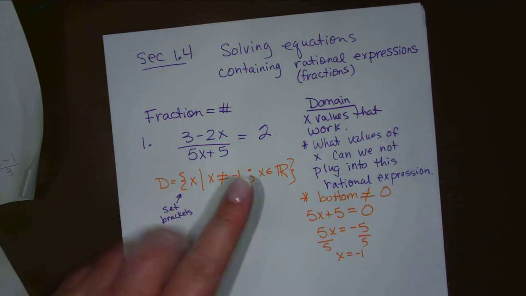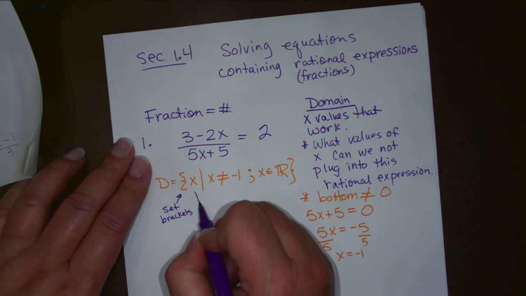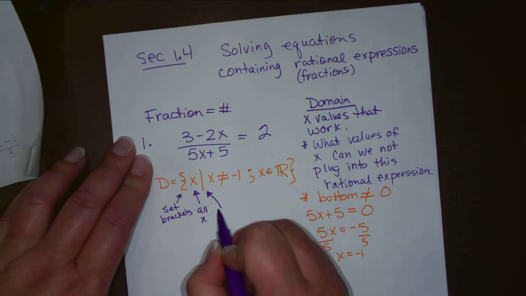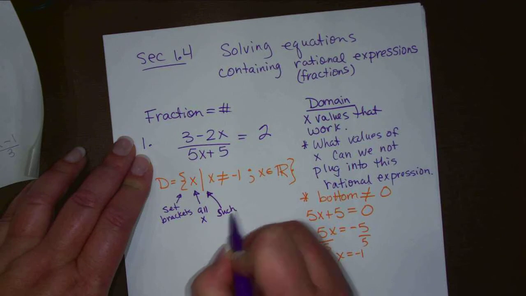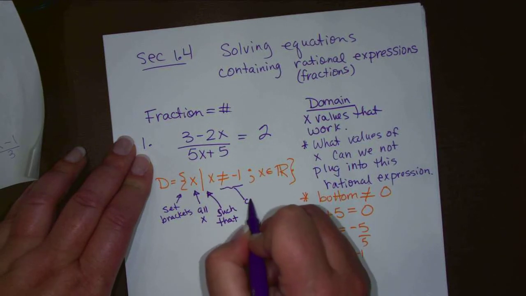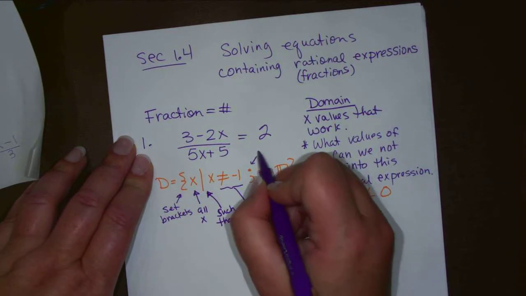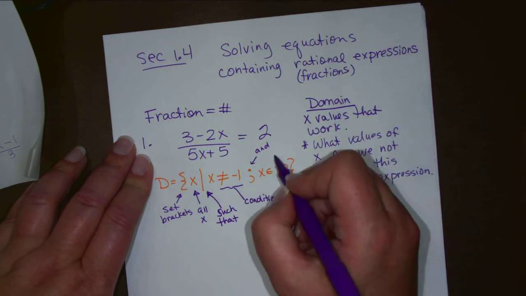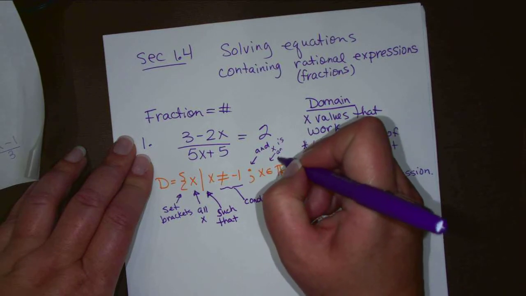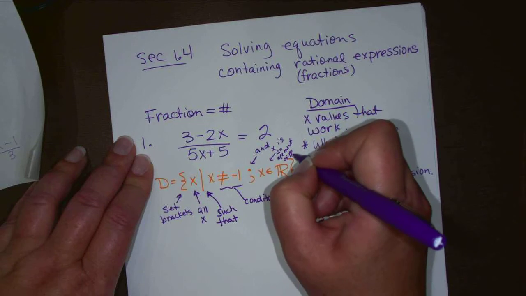So here we don't have more than one number, we're just saying one thing: this means all x. That line you would read as "such that," and here's the condition, x is not equal to -1, and, of course we know this one, x is an element of real numbers.